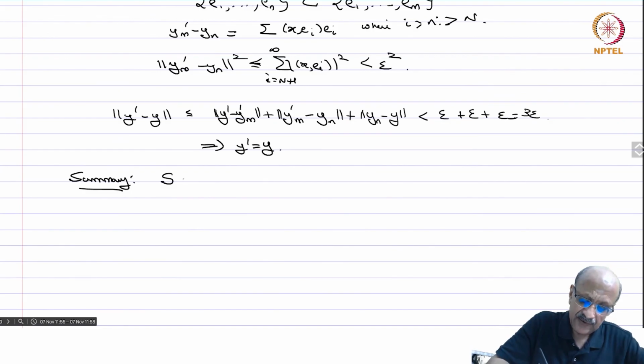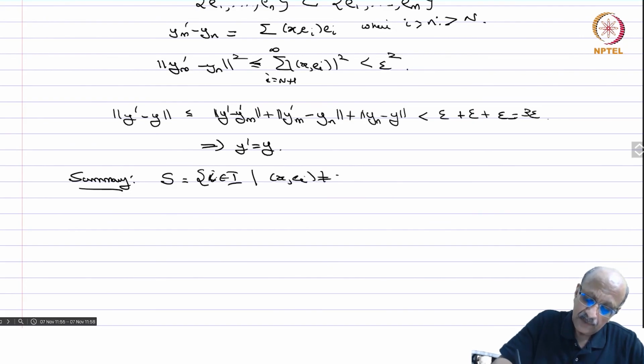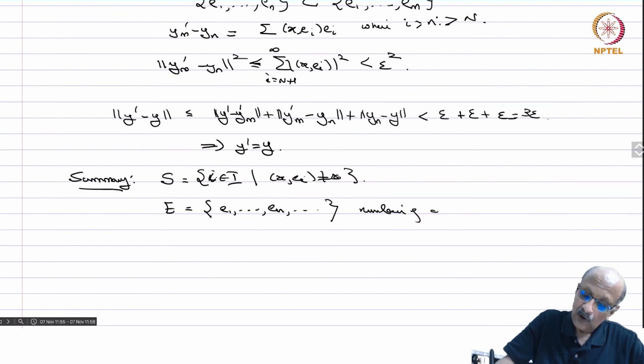So let S equal the set of all i in I such that x ei is non-zero. Then you set E to be equal to E1, En and so on, a numbering of S. So this is a countable set at most.